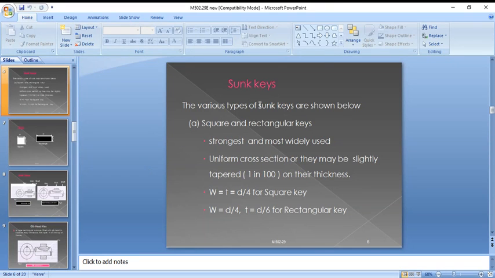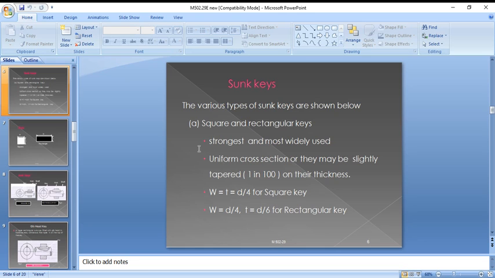The types of sunk keys: the first one is the rectangular and square sunk key. It is the most widely used and strongest, used in gearboxes and similar applications.